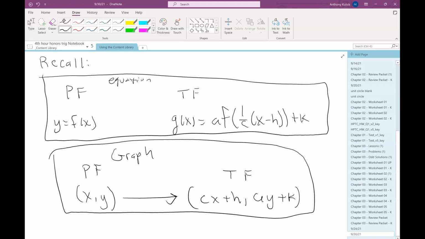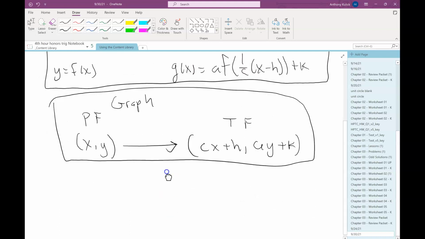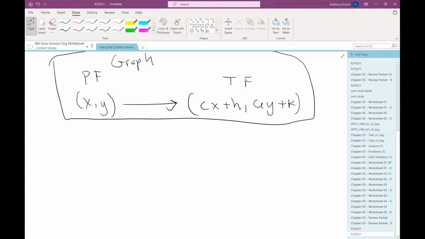So today we're going to do this same idea, but we're going to apply it specifically to these sine and cosine functions. So we're going to start with just kind of an information dump here. So I'm going to make up a little bit of a grid, and then we'll fill in the blanks here together.